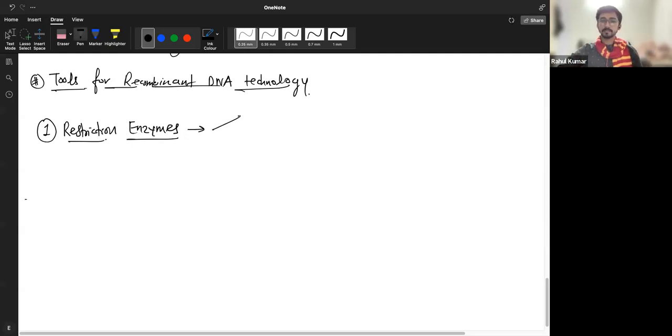Now, there are two types. One is called exonucleases, because we are cutting nucleic acid, and it's an enzyme, so the ase word will be there. So endonuclease, if I remove this S, singular, exonuclease and endonuclease. You can understand the difference.